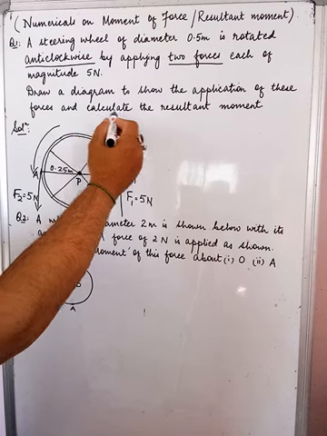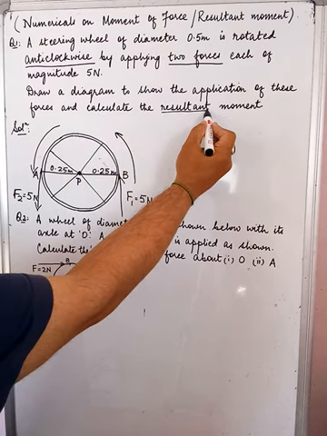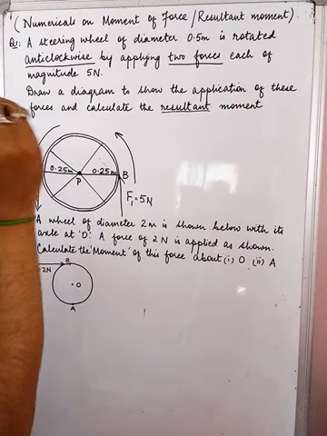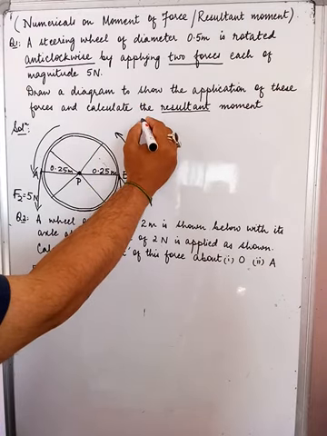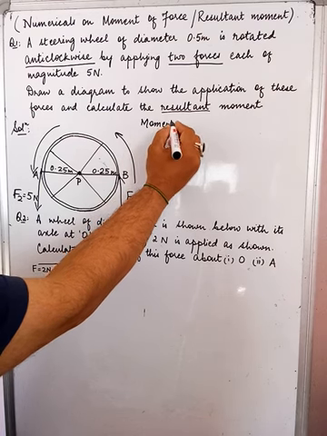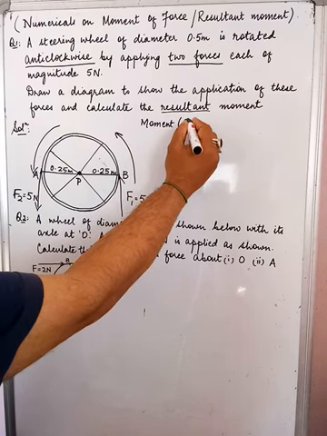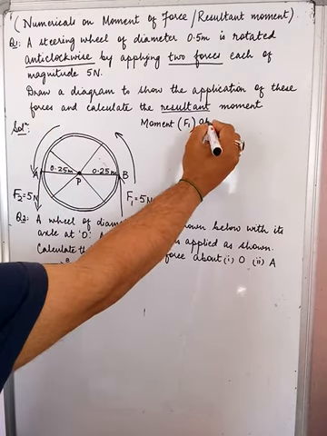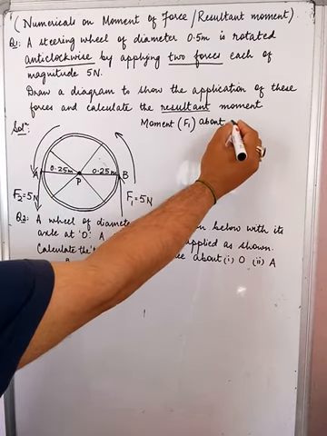Now coming to the calculation of the resultant moment. First of all, let us calculate the moment because of force F1 about which point?